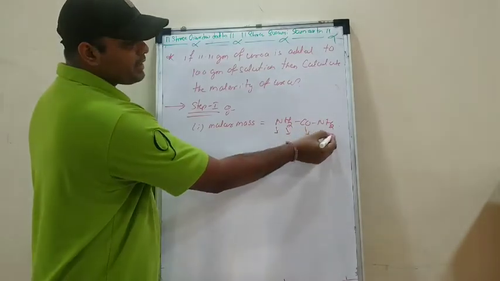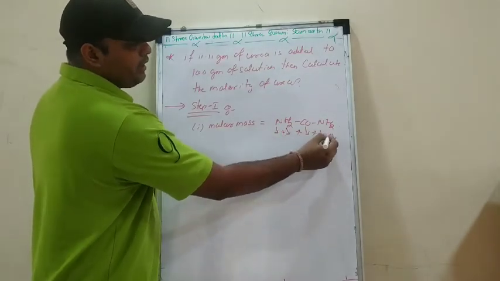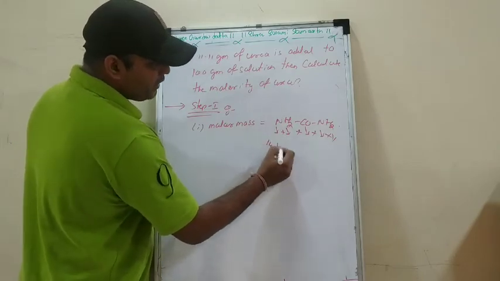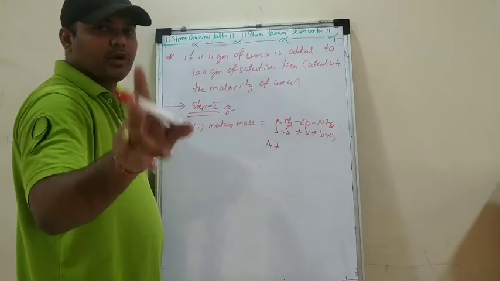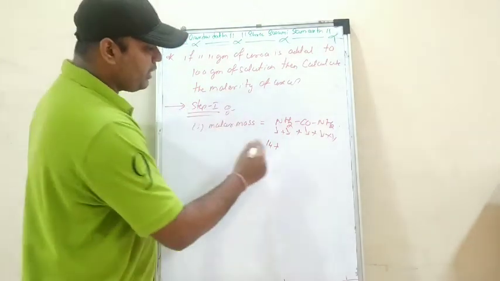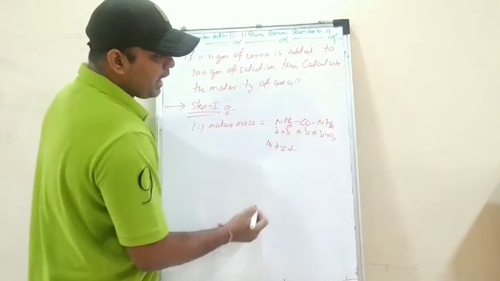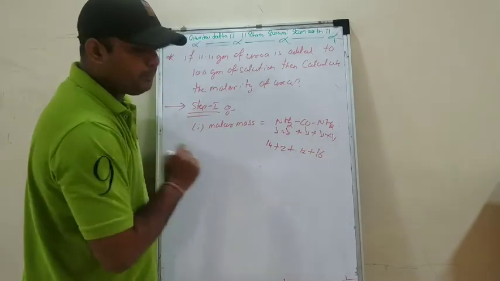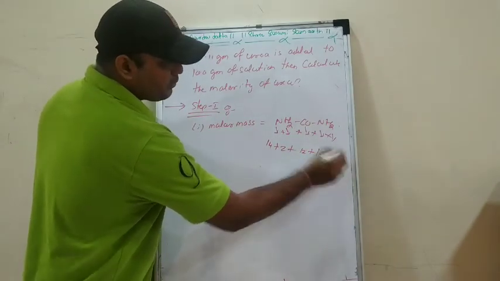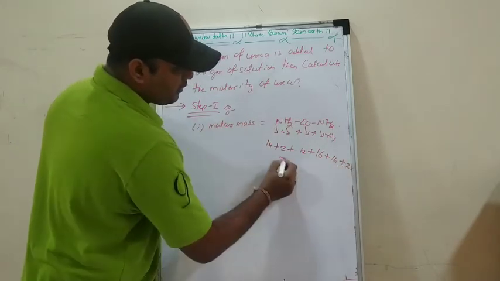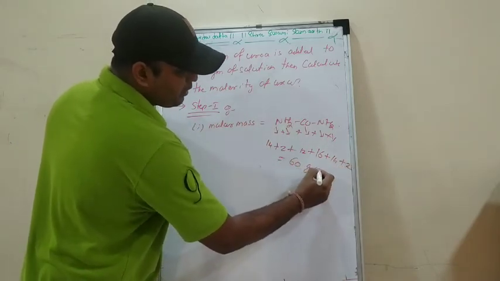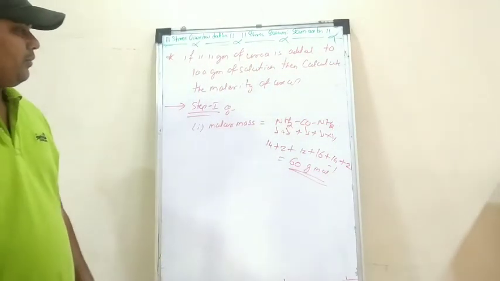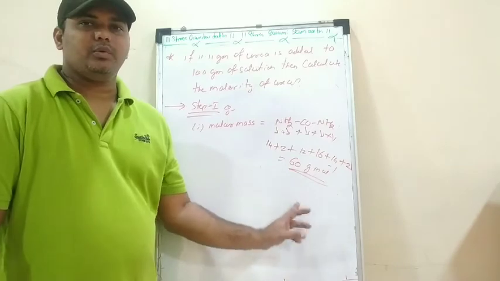When you add all these atomic masses, you will get the molar mass. So here in this case, nitrogen 14, hydrogen 1 into 2 it will be 2, plus carbon 12, plus oxygen only 1, it will be 16, again nitrogen 14 plus hydrogen 2, right? It will be 60 gram per mole, right? So this is our calculated molar mass of the urea now, right?